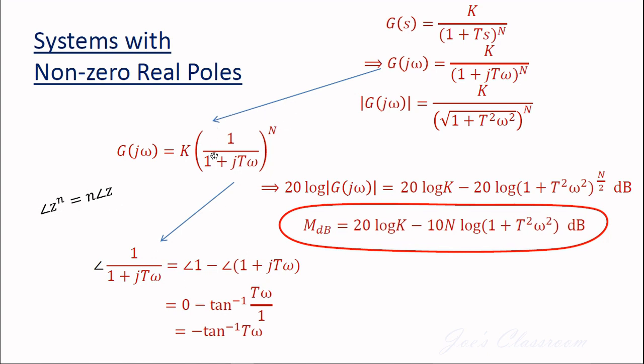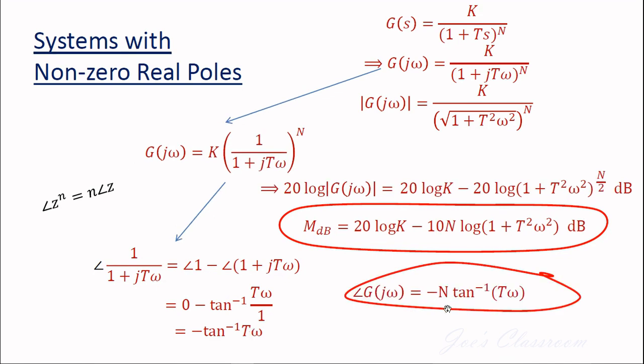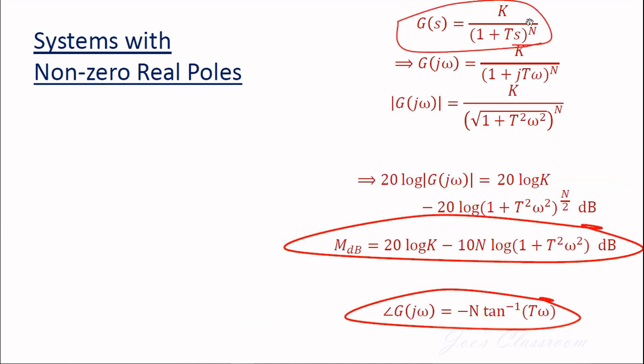I got the angle of this, and therefore to get the angle of this entire term, it is sufficient to multiply it by capital N. So the angle of G(jω) is n times 0 minus n times tan inverse of Tω. So for this transfer function, a system with a non-zero real pole, the magnitude is given by this expression, and the angle of the system is given by this expression.